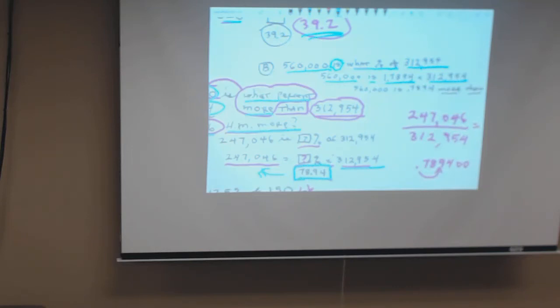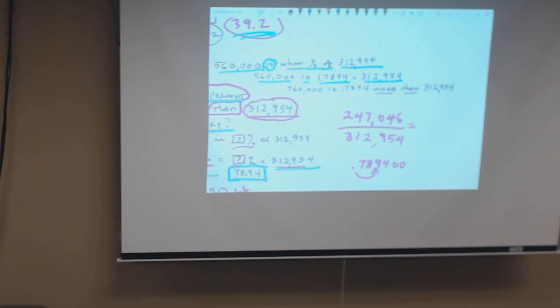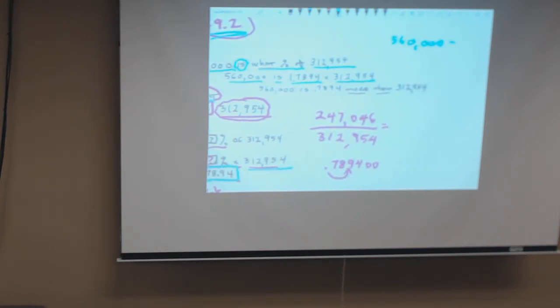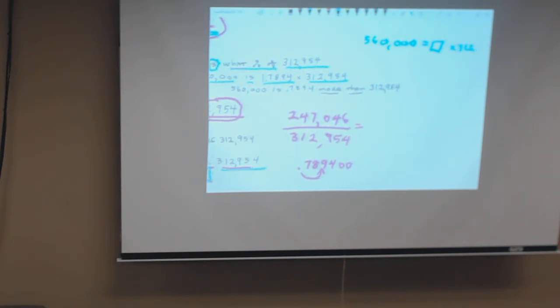Oh, I have to work that out here, don't I? That would be 5600 equals something times 312,954.